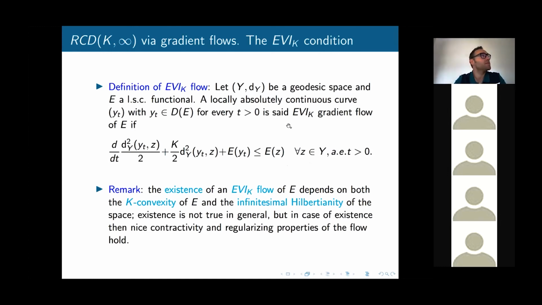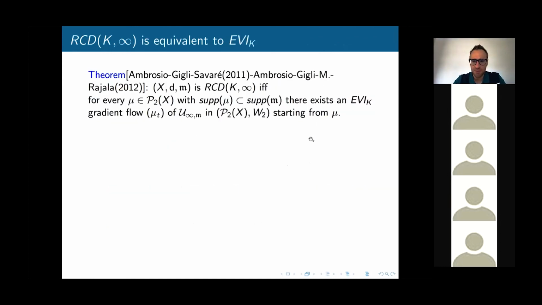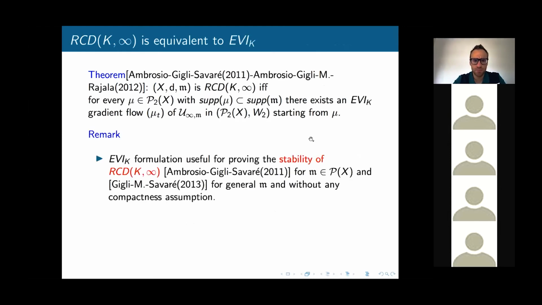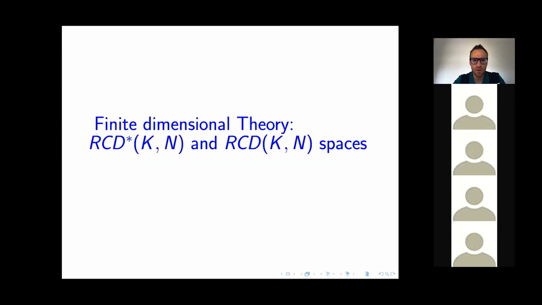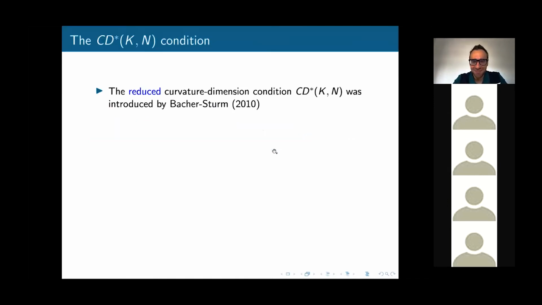Okay, so if there is no more question, let's move to the finite-dimensional theory. The finite-dimensional theory is this RCD star K,N and RCD K,N spaces. So I will try to make a bit of order between this star and non-star that bugged for a few times. So what is this star condition?